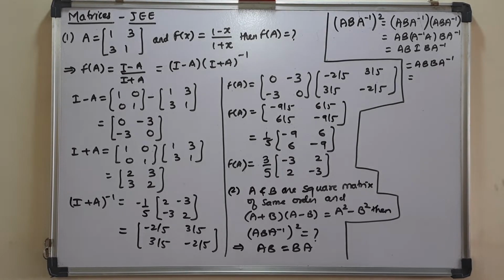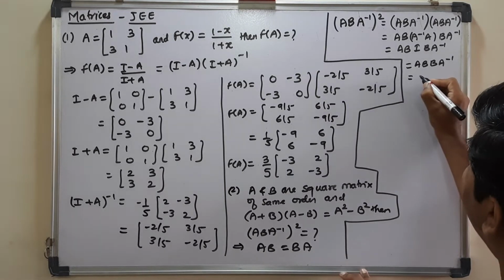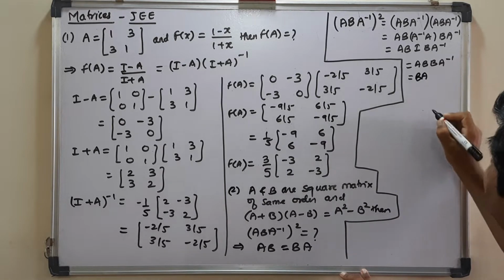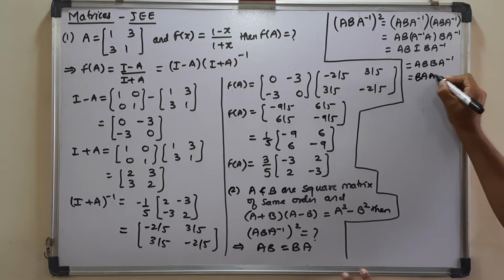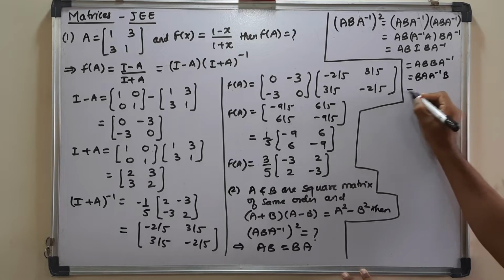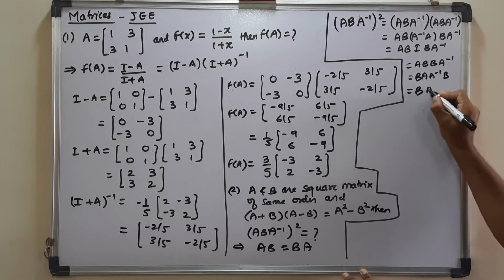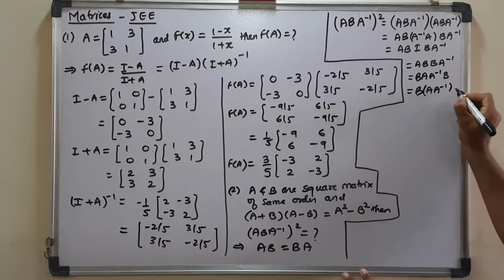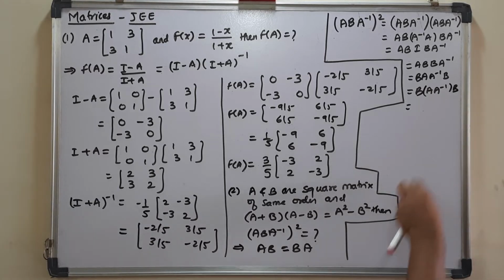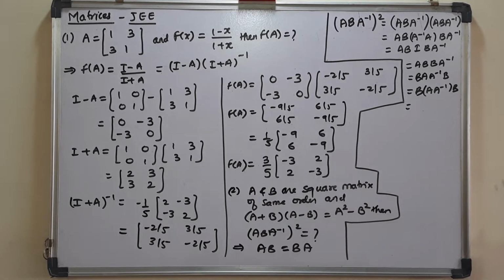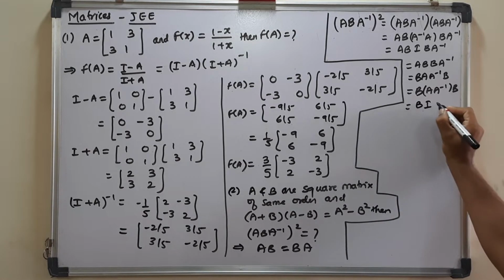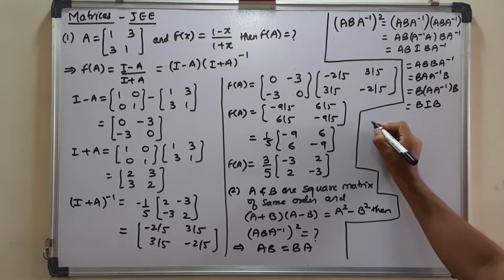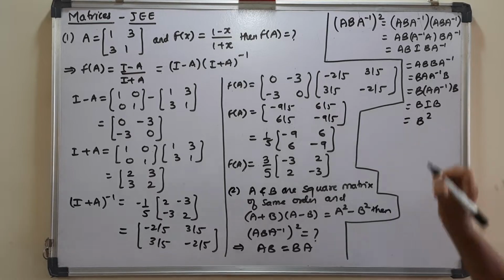Now I know that AB is equal to BA, that means this I will make BA. So obviously this also will change, that is A inverse B. So I will associate now in this way, that is A into A inverse I will associate first and get the result, which I will get B I B, which is nothing but B square.